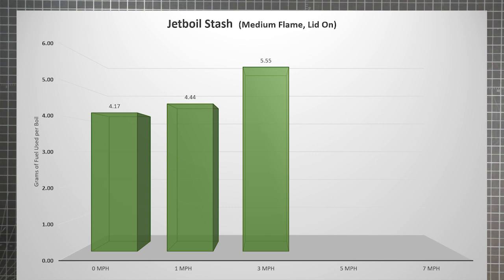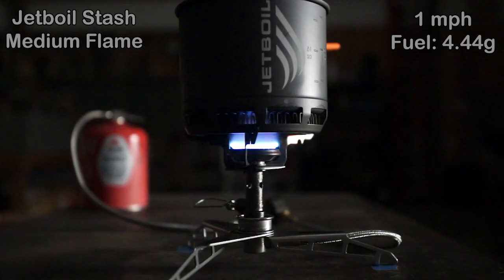The progression wasn't as steep on medium, so I gave 5 miles per hour a try. After 13 minutes it peaked and wasn't able to get above 160 degrees, registering a fail for that test.